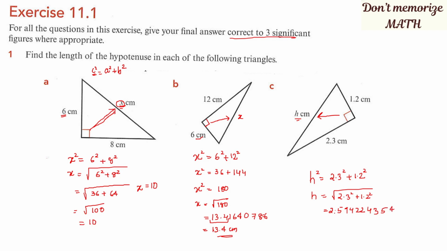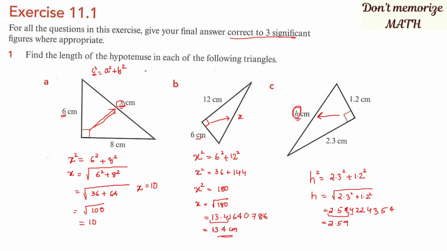We need only three significant figures, so round it: 2.59. The next digit is less than 5, so you can just neglect those digits. No need to write the unit, because we are finding the value of h. So h is equal to 2.59.